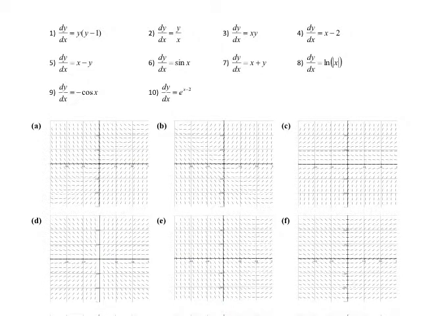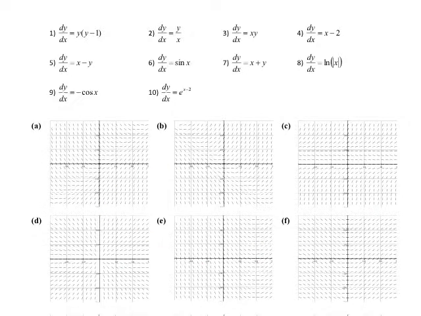In example 4, we're matching our differential equations to the slope fields below. This consists of analyzing what's going on in the differential equation and looking for patterns in the slope field below.